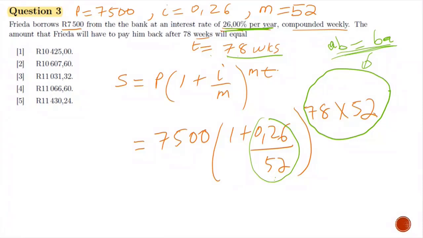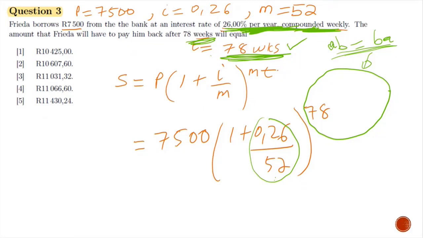If your T was in years, you'd have to convert it to weeks. But everything is in weeks here. This was the problematic one: it was per year, but compounding weekly. You needed to first convert it so it can reflect the weeks, which is already the weeks here. So now your time is fine. You don't need to multiply by 52 because it's already in weeks. So you leave it like that.